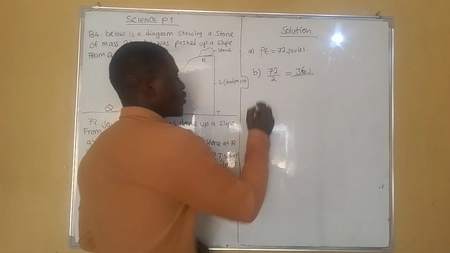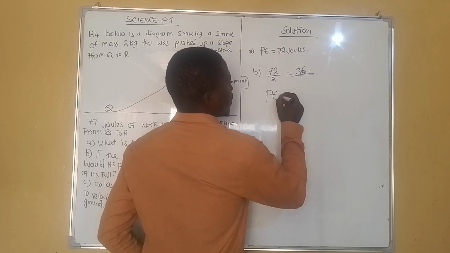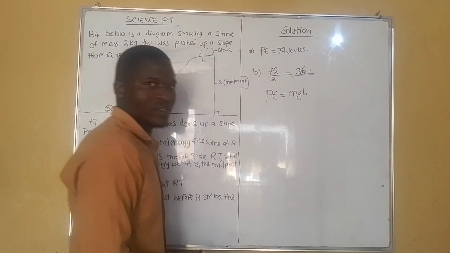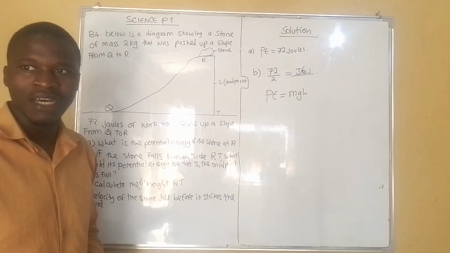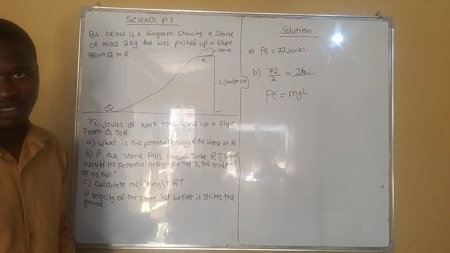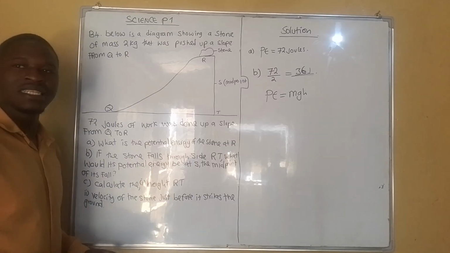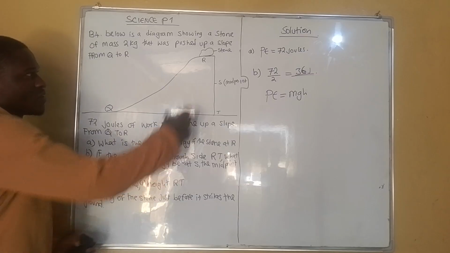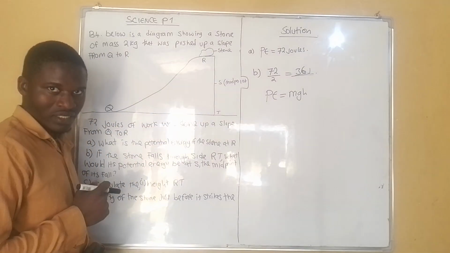Okay. So now we know that potential energy is equal to mgh, mass times the acceleration due to gravity times height. Now you look at the height here. The height is RT, from R to T, that they want us to find.